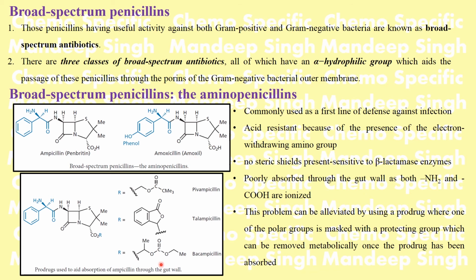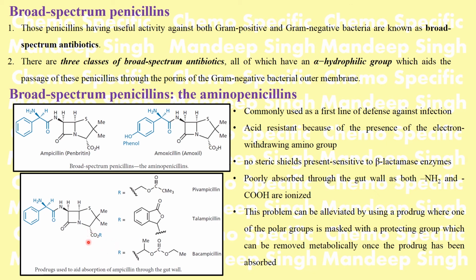Now one of the ways you can counter this problem is by somehow reducing the polarity of the drug. So basically you take advantage of the prodrug. What do we mean by prodrug? Prodrug means that the actual drug is released inside the body.